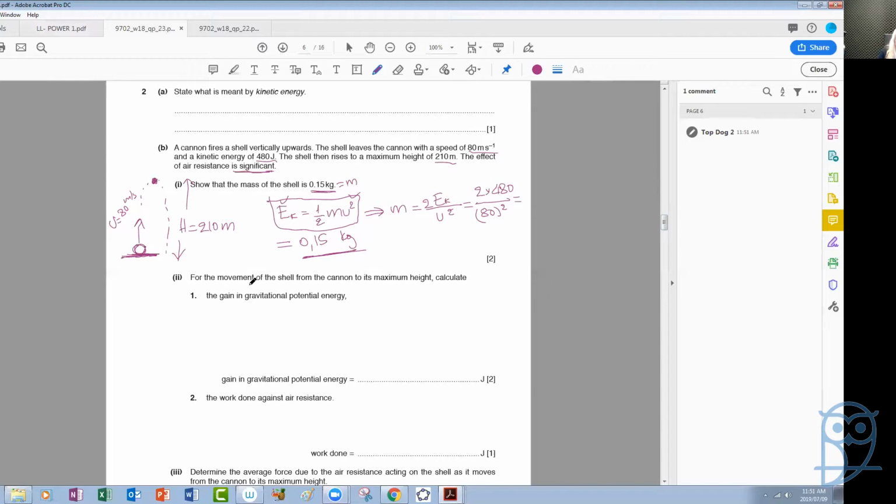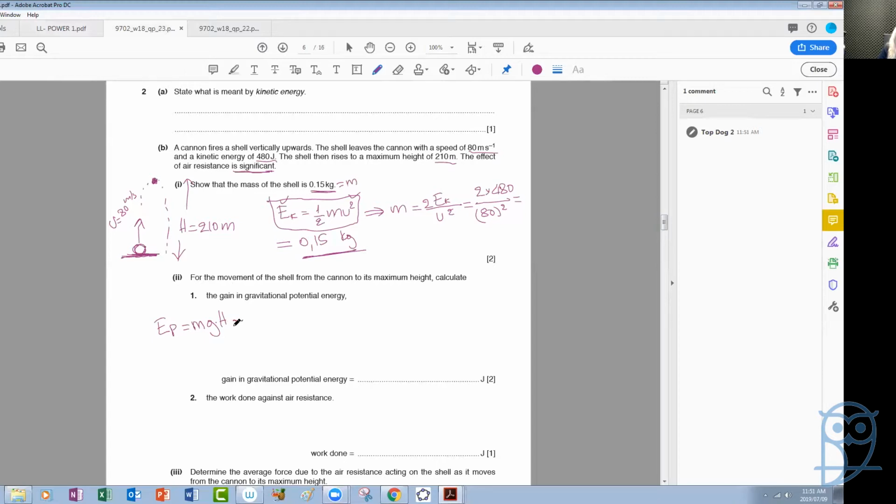Find the gain in gravitational potential energy. So the gravitational potential energy at this height generally will be mg times this height. We call it capital H, isn't it? That would be its potential energy up there.